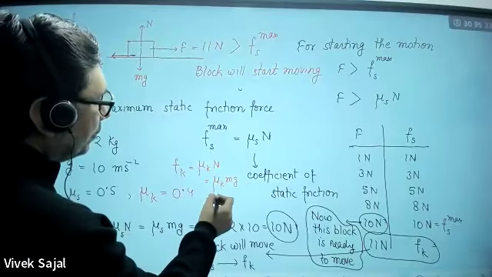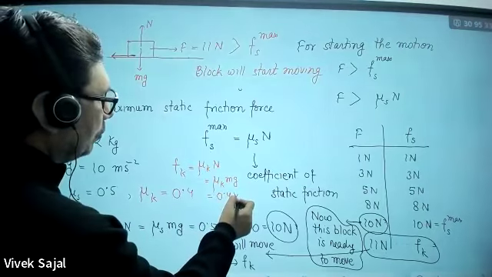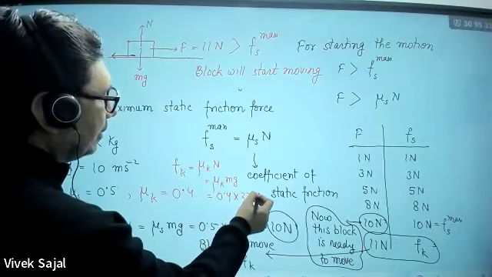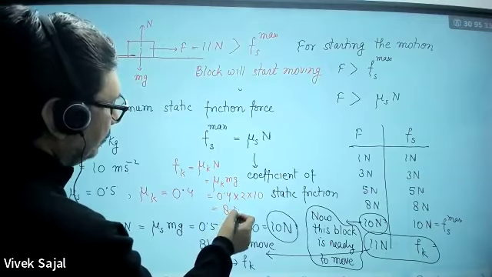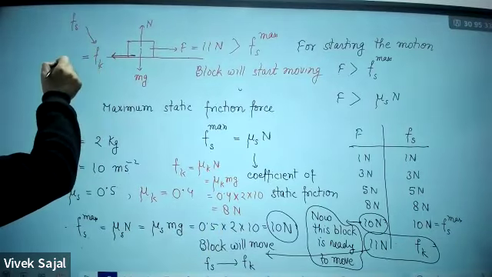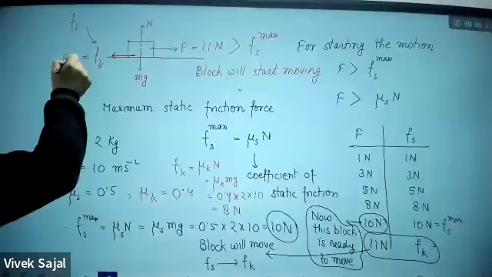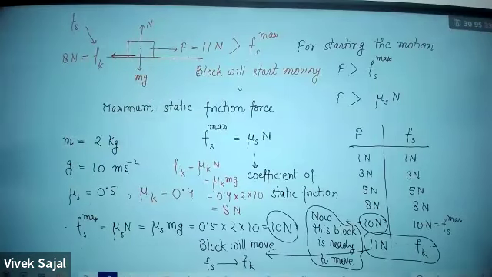Mu k is 0.4, m is 2, g is 10. So this will be 8 Newton. So what is the value of this opposing force? That is 8 Newton. So 11 Newton you are applying and the opposing force is 8 Newton.